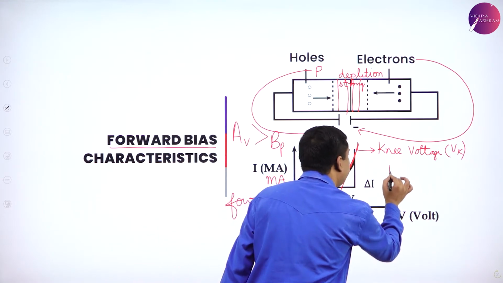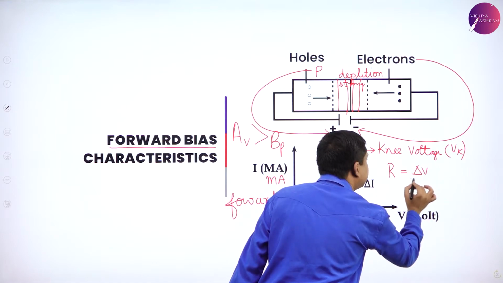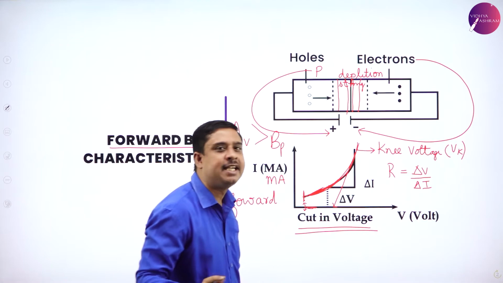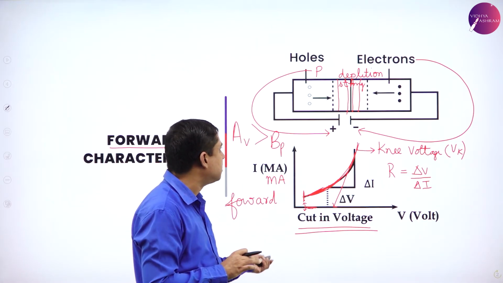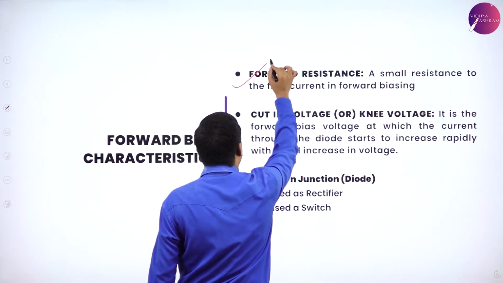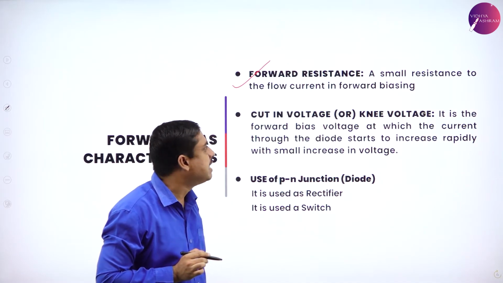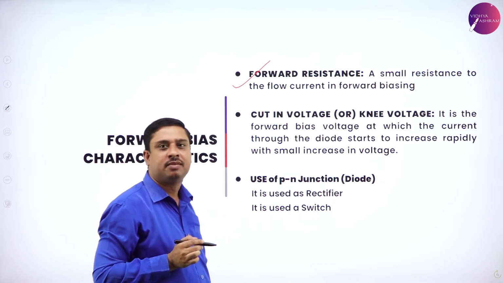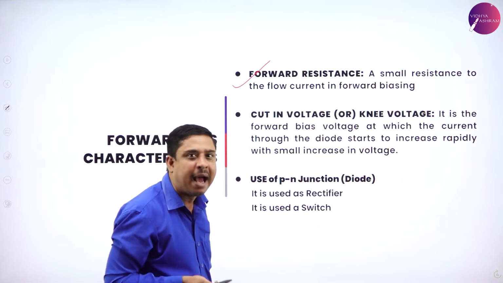And here again there is some resistance to the flow of current, and that is called forward resistance. So we have studied what is forward resistance: small resistance to the flow of current when the diode is forward biased.